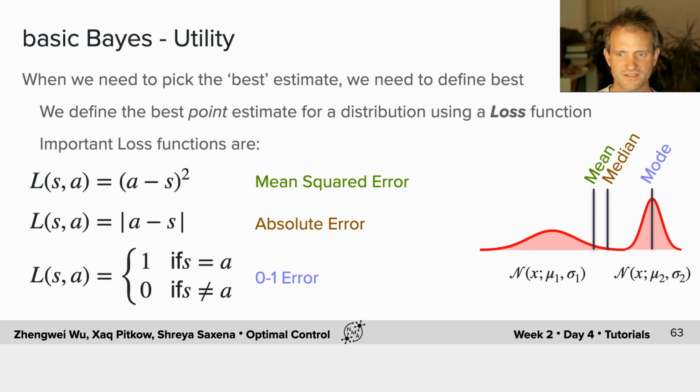And then finally, we can take a little bit bizarre but very useful loss function, the 0,1 error. This one is just 1 if A is equal to S, and it's 0 otherwise. And this will return the mode of a probability distribution. And we're going to look through all of these in the next exercises.